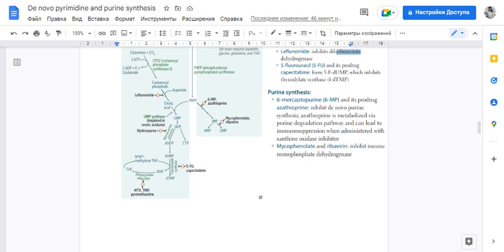We have to reuse it, and therefore we use dihydrofolate reductase to reduce it to the tetrahydrofolate form, and then tetrahydrofolate is again activated to form N5,N10-methylene tetrahydrofolate, and this happens again and again.